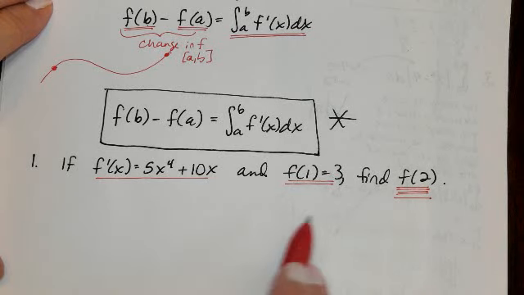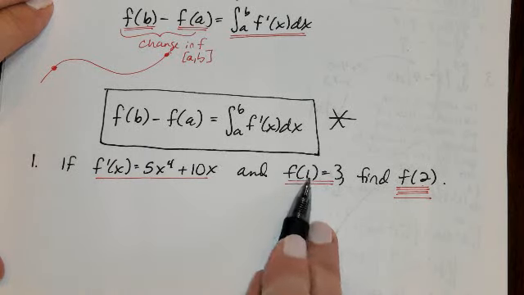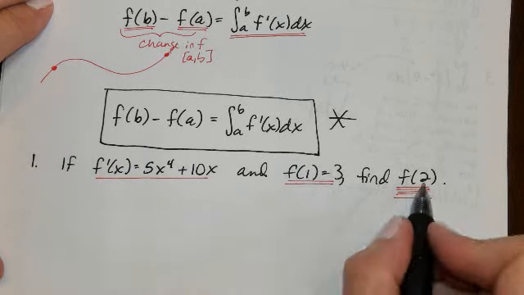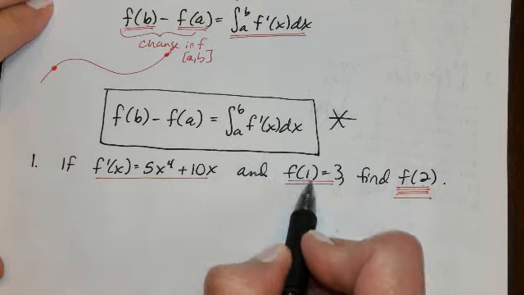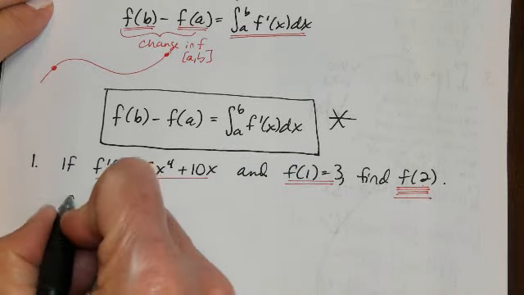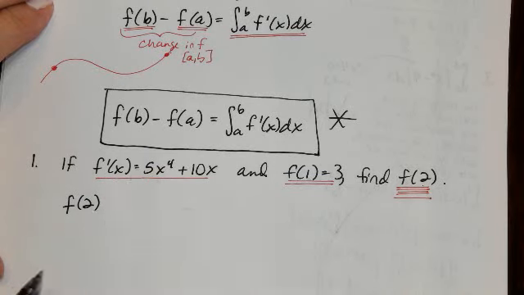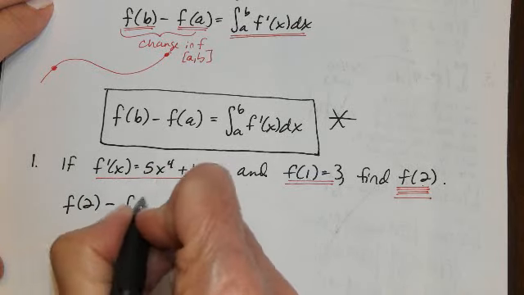Let's set up the first fundamental theorem. Okay, 2 is bigger than 1. So in my integral, 2 needs to go on top, 1 needs to go on the bottom. So I need to start with f of my bigger number, so f of 2. That's my f of b, minus f of 1.